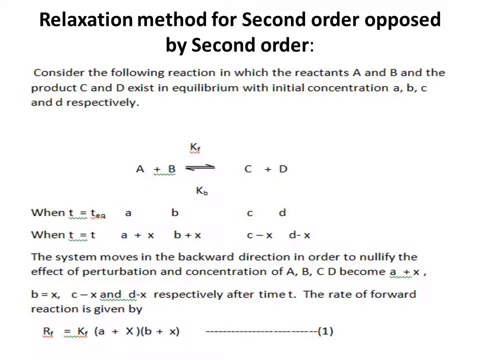The rate of forward reaction is given by Rf is equal to Kf into concentration of A into concentration of B, where concentration of A is equal to A plus X and concentration of B is equal to B plus X. Then Rf is equal to Kf into A plus X into B plus X. This is equation number 1.